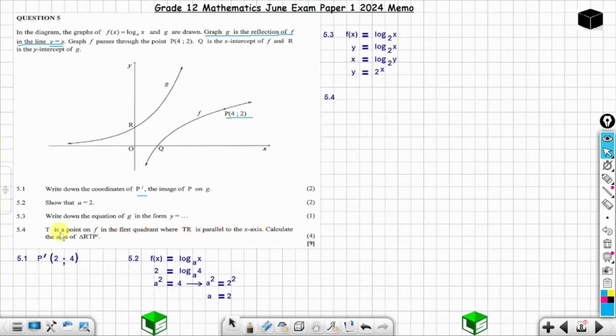So t is a point on the graph of f in the first quadrant. The first quadrant is always formed by the positive x-axis and the positive y-axis.